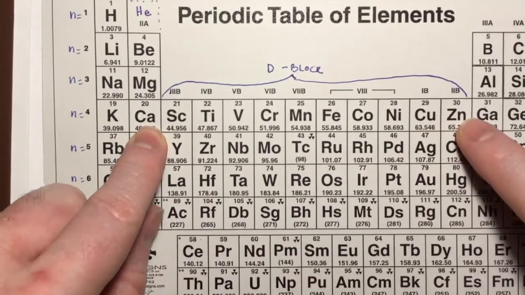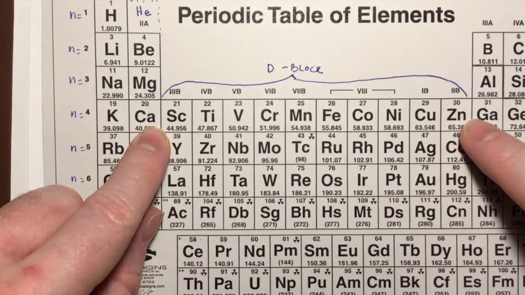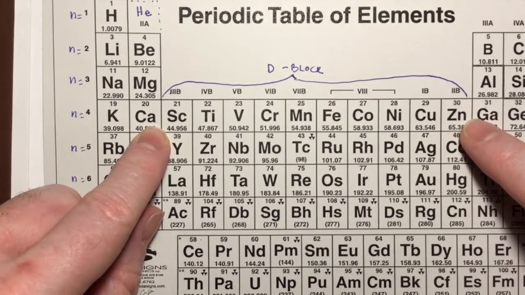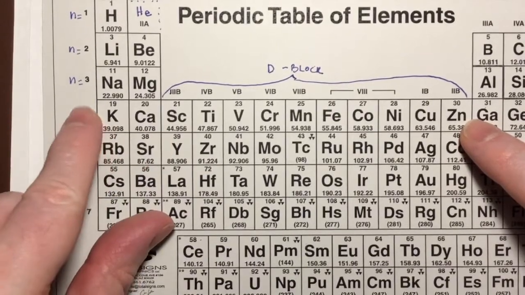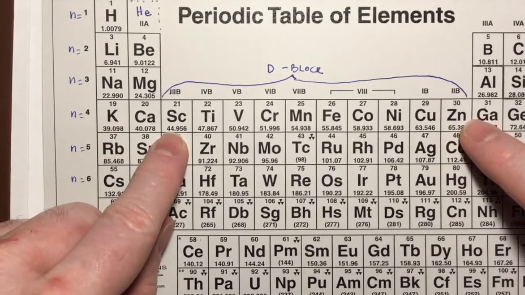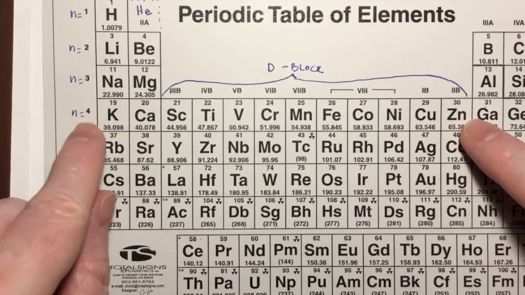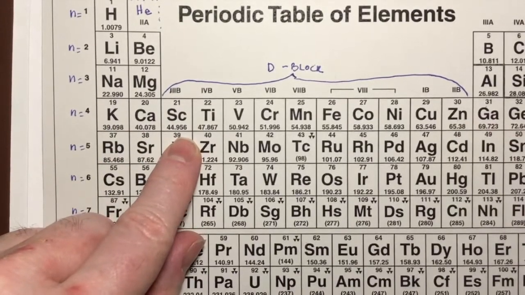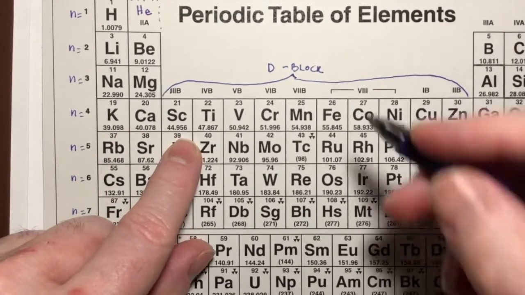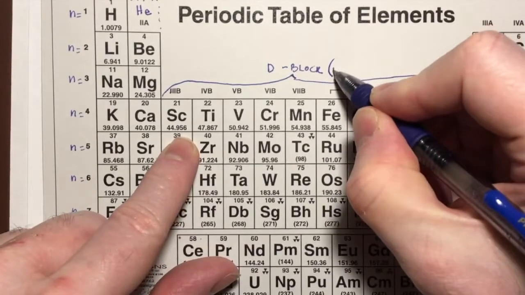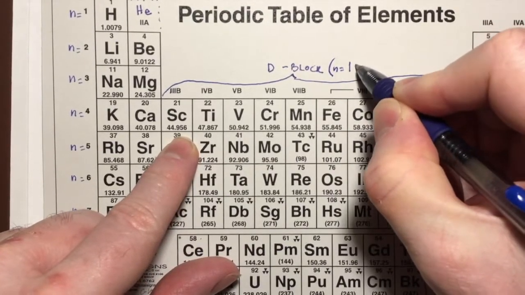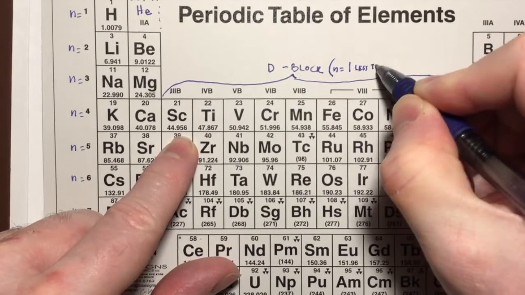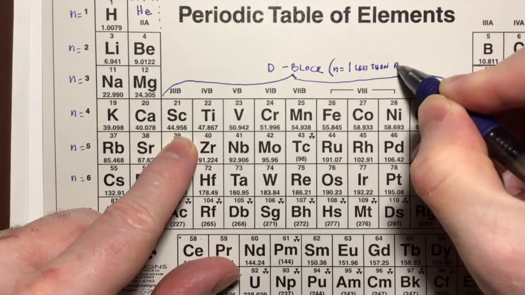And there's a special rule here for the D block. So the rule for the D block elements is that their n value is 1 less than the row that they're in. So I'm going to make a little note here. D block elements, the n equals 1 less than the row.